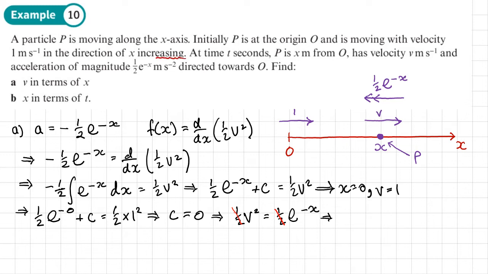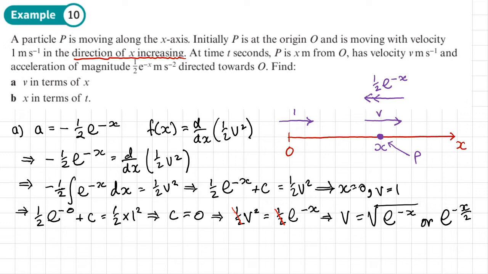No, because it says it's moving in the direction of x increasing, so the velocity is always positive. So v is equal to the square root of e to the minus x. Or, this is the same as power half, so putting the powers together, another way of writing this is e to the power of negative x over 2, because you multiply the power negative x by half. Either one of those is acceptable.